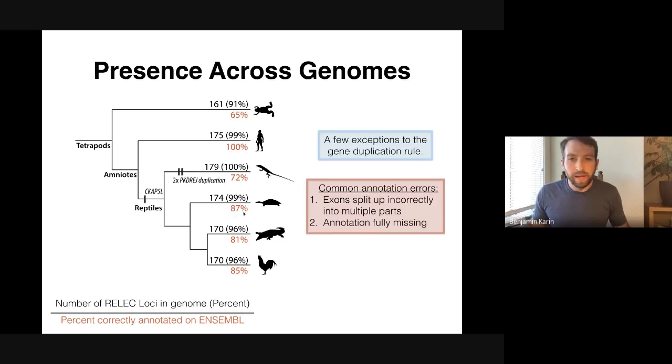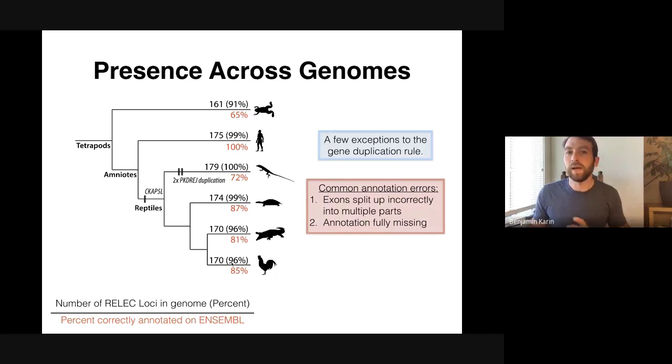I was surprised about the annotation. Here in red is the percent of the genes that are correctly annotated on Ensembl. And only in humans do we have all the correct annotations, which you would expect. But in all these other lineages, we had a lot of errors. As I went through it, there were exons that were split up incorrectly into multiple parts, or the annotation was just fully missing.